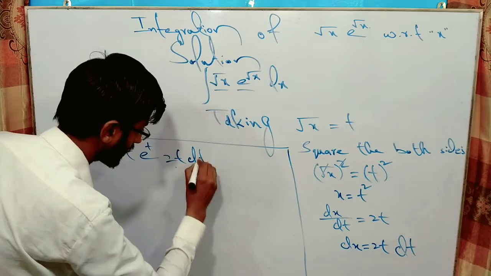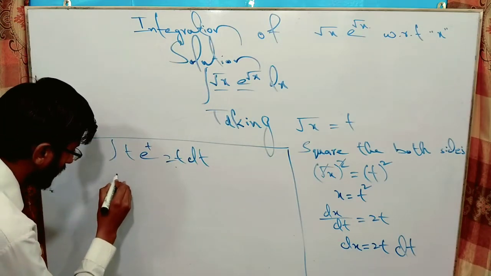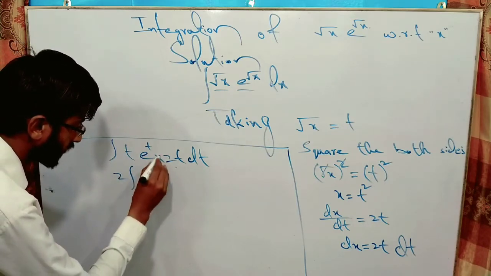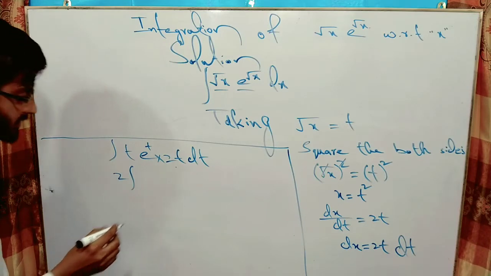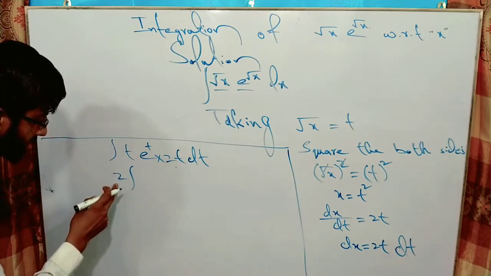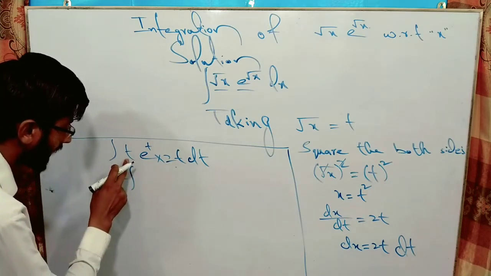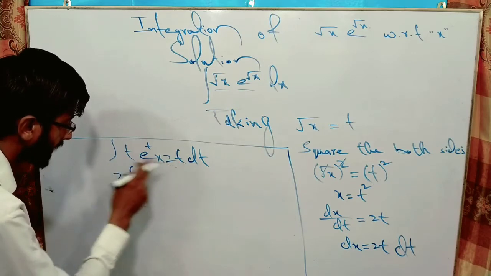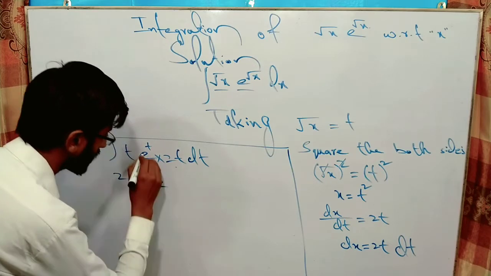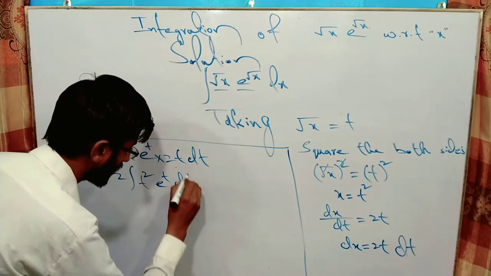So 2 is a constant number, we take it common. Here is t and that one is also t, we multiply both, it will be t square, e to the power t, dt.